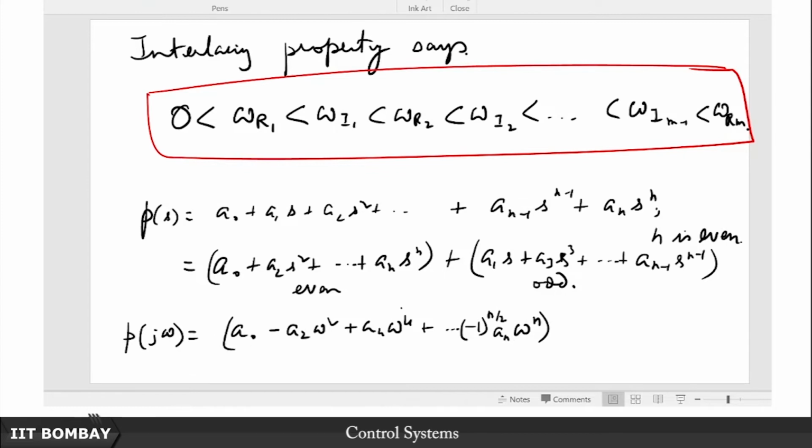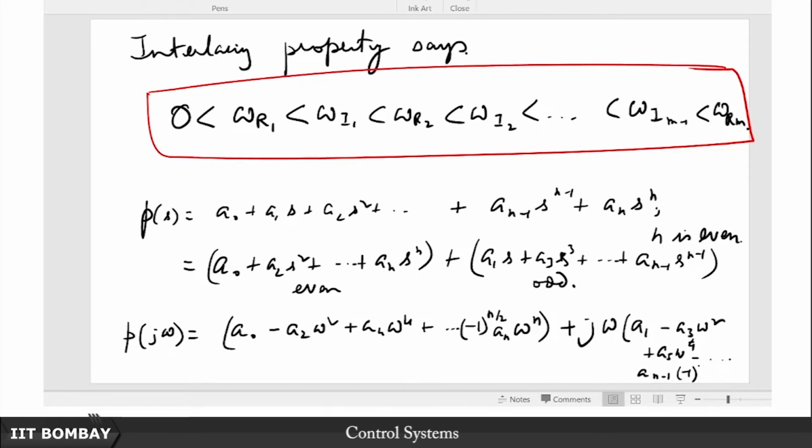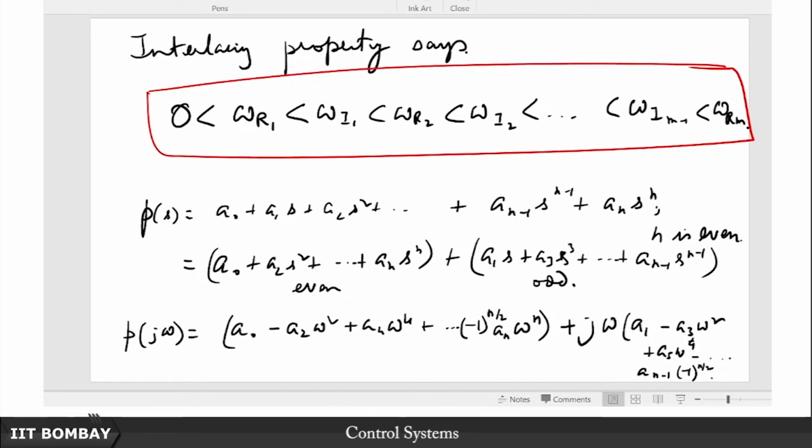I hope I am not making a mistake, I suppose I am not, but that should be it, plus j omega, you pull it out, this is a1 minus a3 omega squared plus a5 omega to the power 4 minus so on till you come up with a(n-1), again a minus 1 to the power probably n by 2, I am not very sure, just check this numbering, I am not going to go into the nitty-gritties. So you split this up in this fashion.